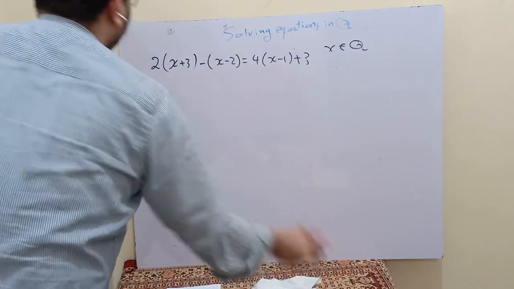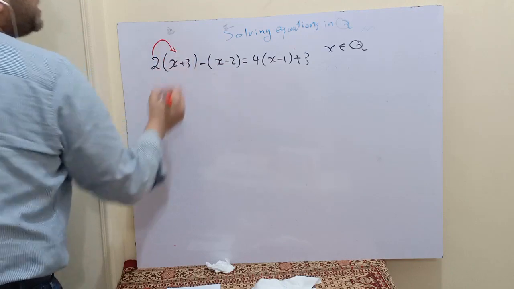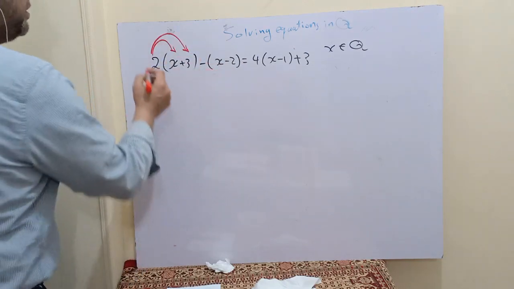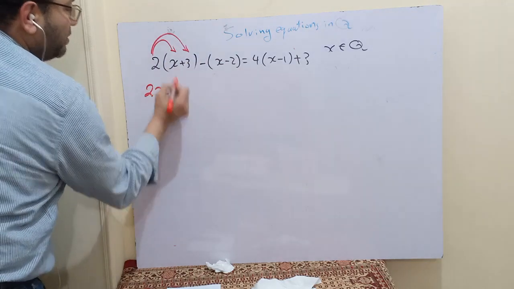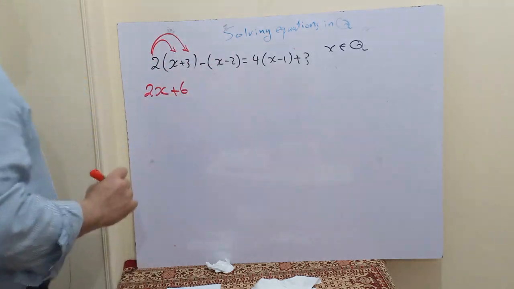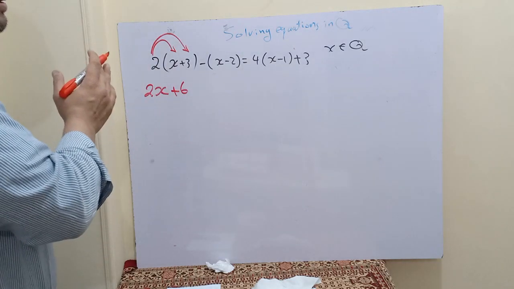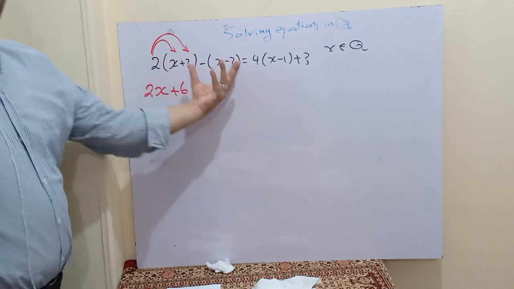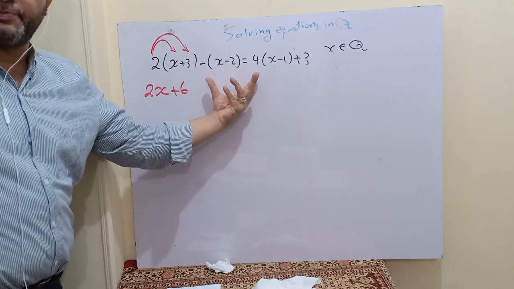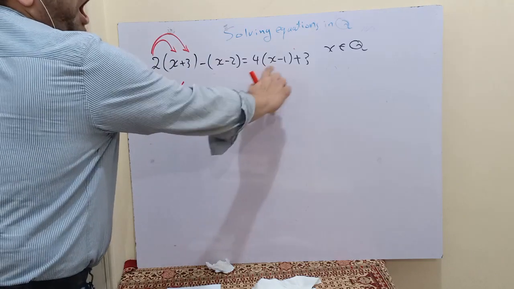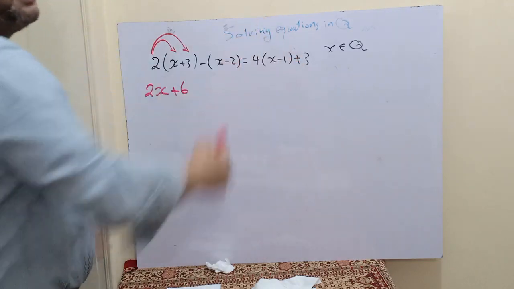Then 2 times x and 2 times positive 3: 2 times x equals 2x, and 2 times positive 3 equals plus 6. That's the first bracket. In the same way, distribute negative 1 among the terms in this bracket, and also distribute the number 4 among the terms inside this bracket.